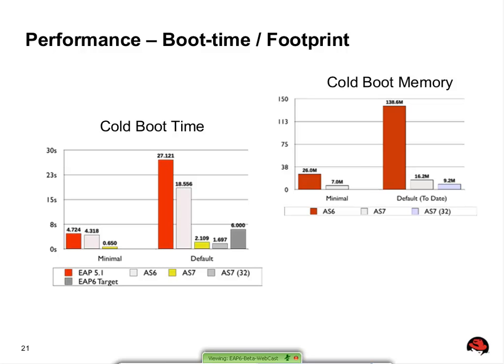Again, using some early baselines from AS7, we've made significant improvements in memory usage. Some of that is just how we do some of the annotation scanning. Some of it's the dynamic loading of services and modules, and just general improvements.